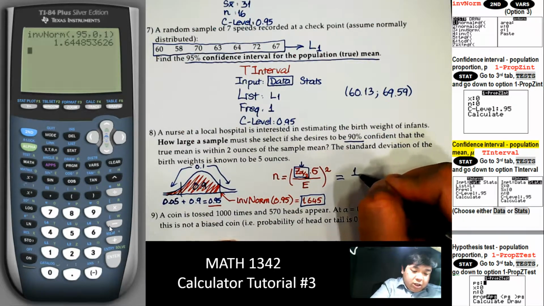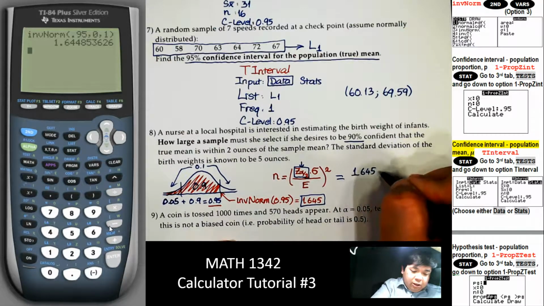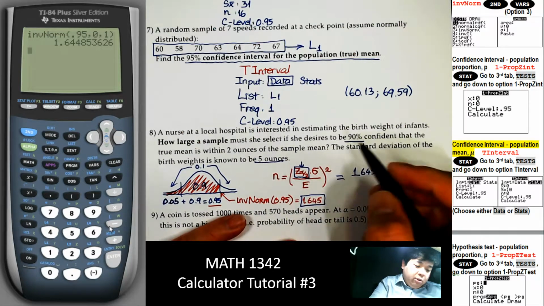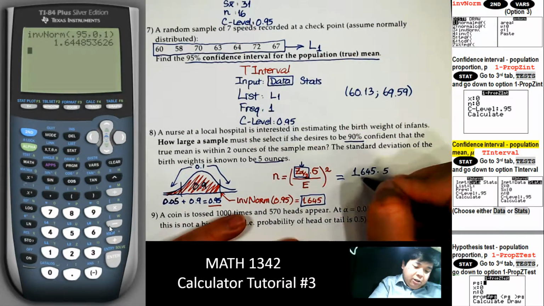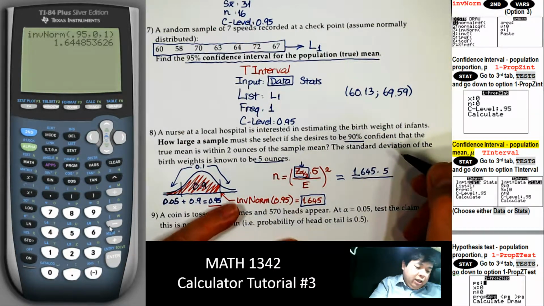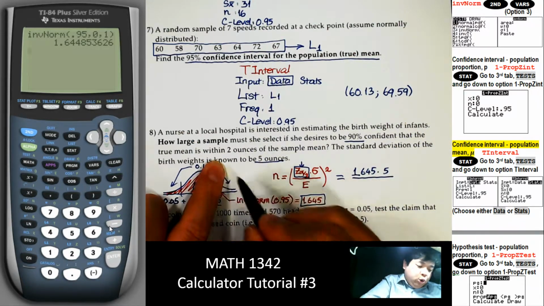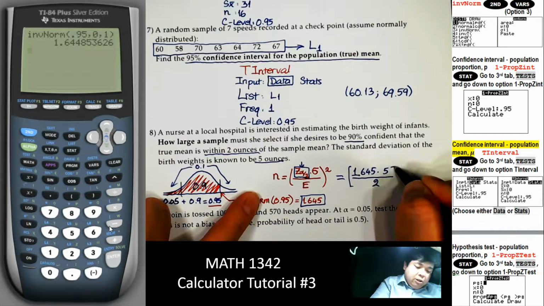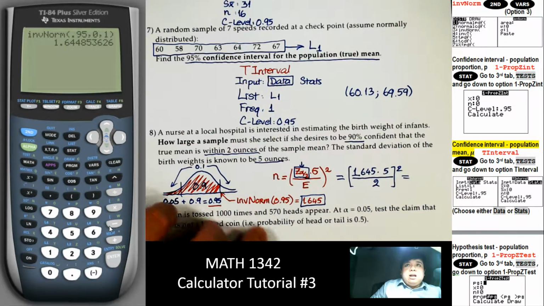So we have 1.645 times the standard deviation, 5 ounces, over E, within 2 ounces.